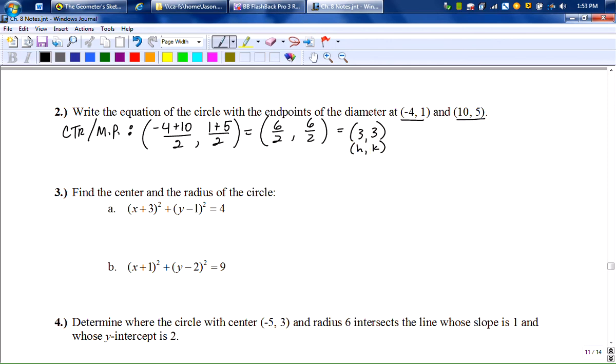The next thing that I want to do is find the radius of the circle. Now, there's a couple of different ways that I can do this. I could do the distance formula from the center to this point, or from the center to this point. My preferred way, which is essentially the same thing, is to use the circle formula.